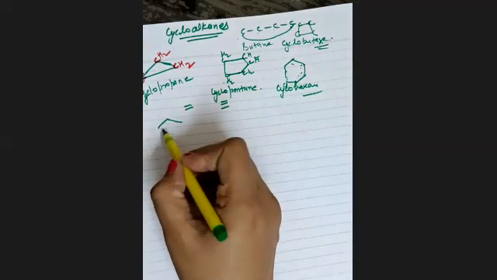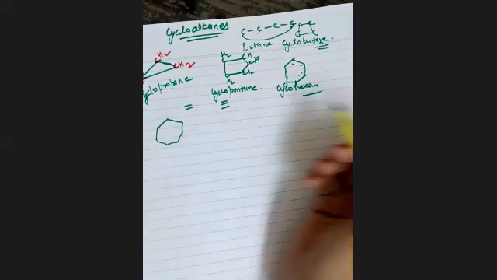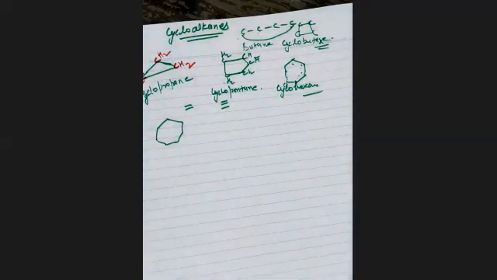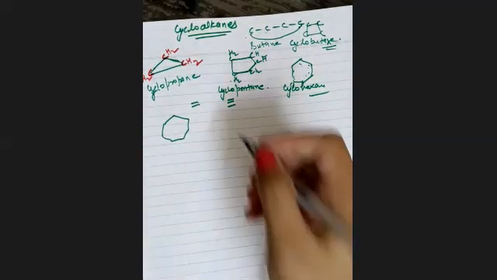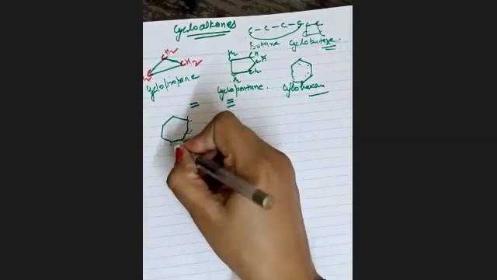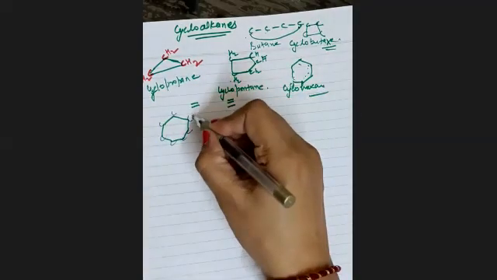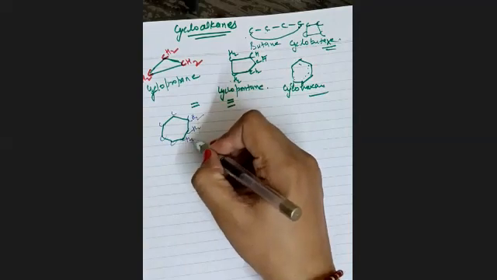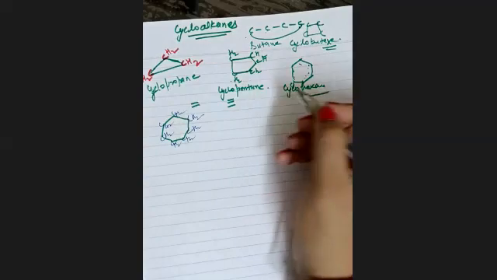Let me change my question. So for example, if I give you this compound and ask you to nomenclate it, how do you do nomenclature? That 1, 2, 3, 4, 5, 6, 7. 7 carbons are here. CH2, CH2, CH2, CH2, CH2, CH2, and CH2.